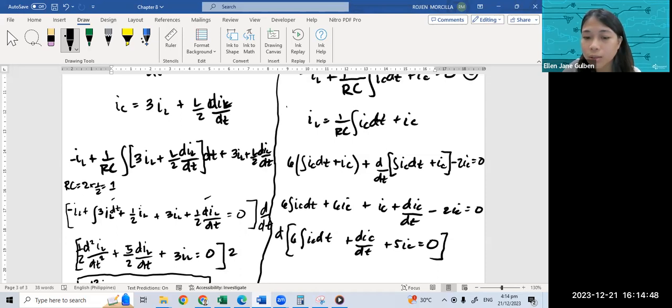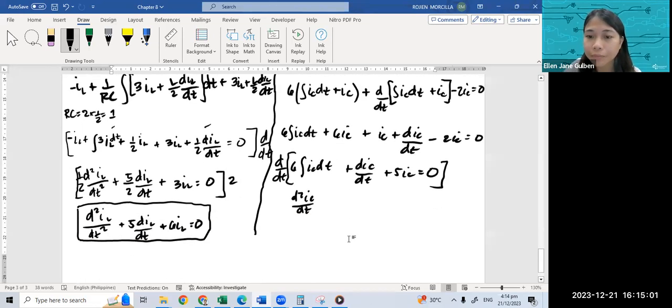Okay, we derive both sides. We get here is the d square IC over dt plus 5 DIC over dt. Then here is the 6 plus 6.